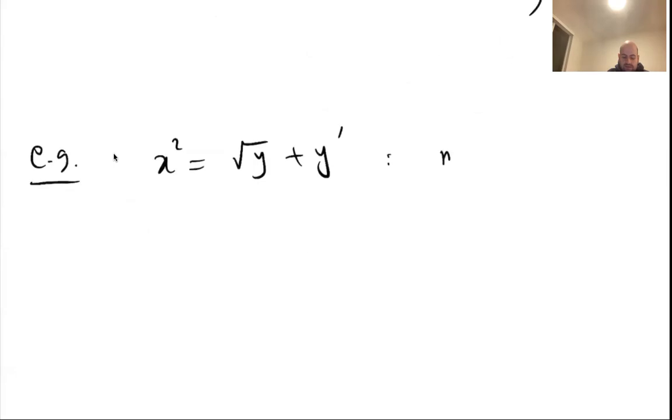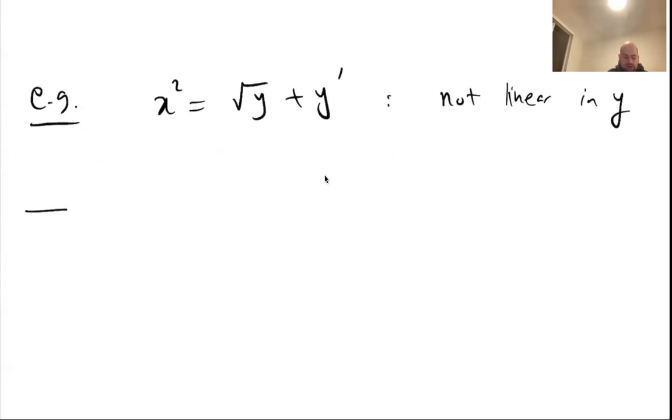This is not linear in y. See, the power of y here is 1/2. Root y means y to the power 1/2. All the powers of y and y prime and the derivatives of y must be 1. Nothing else is allowed. So the power of y is 1/2, so it's not linear in y. That means it's a non-linear ODE.